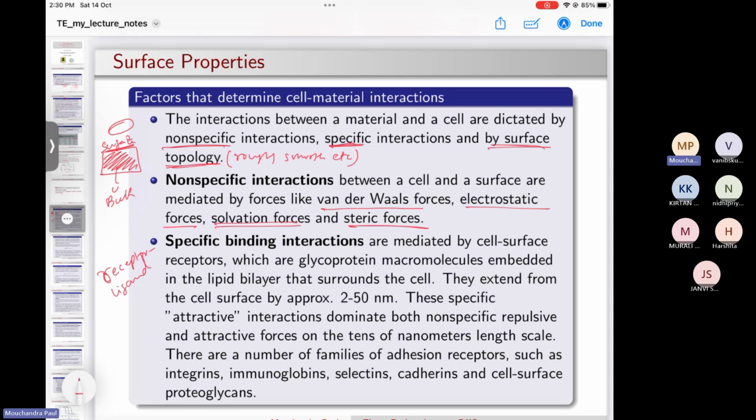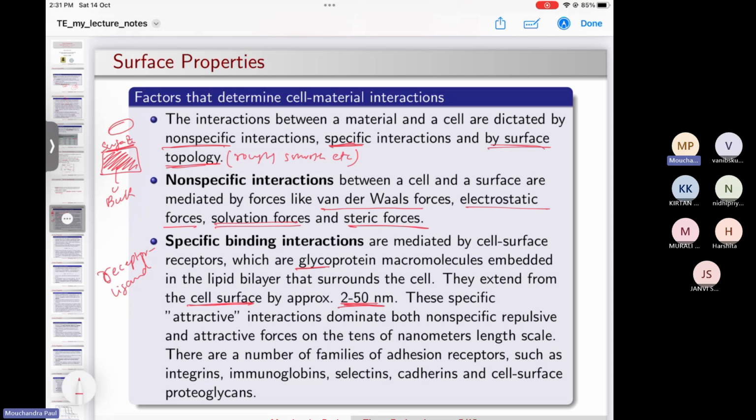So what are receptors? I know you already know about it, but receptors are basically present on the cell surface, and they are transmembrane proteins with carbohydrate moieties attached to them. Okay, and they are at the length scale of 2 to 50 nanometers. They are very small.